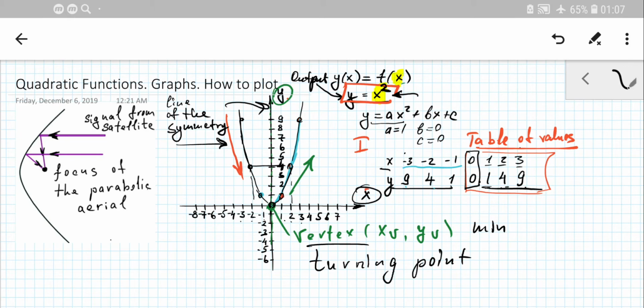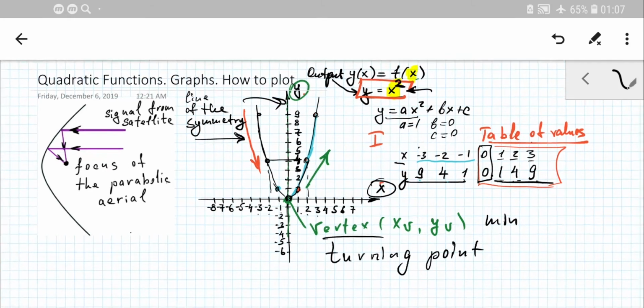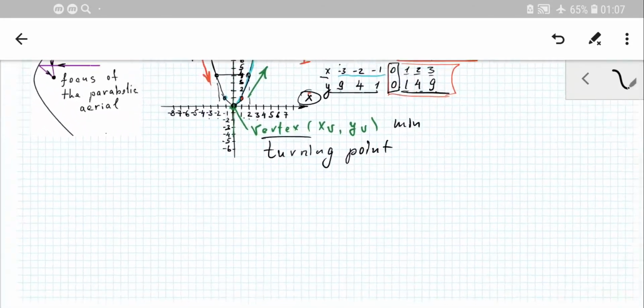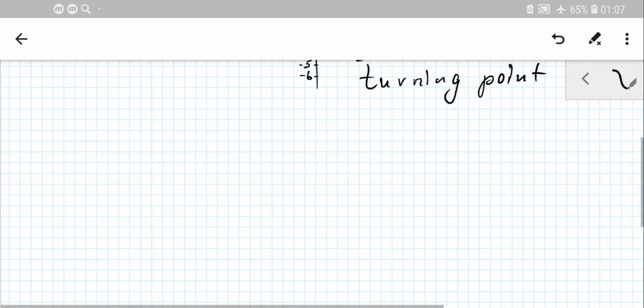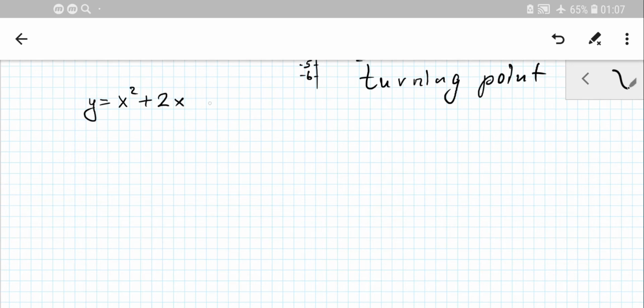Okay, so let's try to explore another function. Now it's not going to be the simplest form, and we simply start exploring that function. Let's say you have y equals x squared plus 2x, and let's say plus 3.